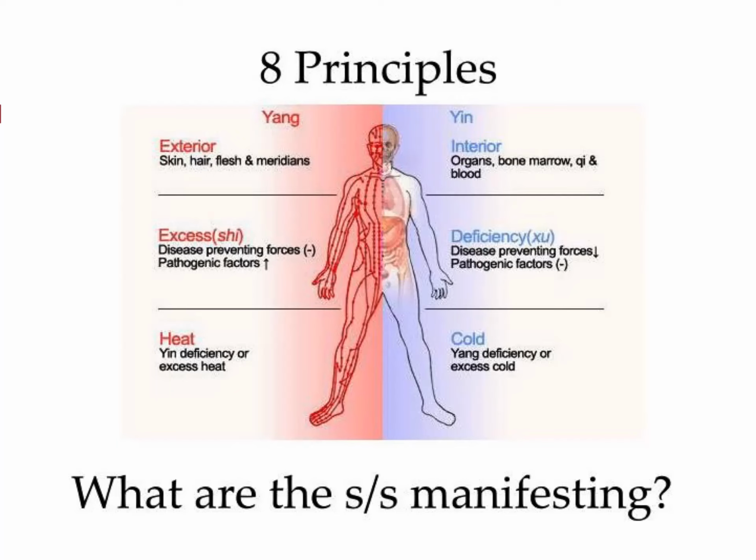So that means the patient already has a pre-existing issue or a comorbidity. Okay, and there are no pathogenic factors. With heat, it's like between yin deficiency or empty heat, and cold, yang deficiency or excess cold.